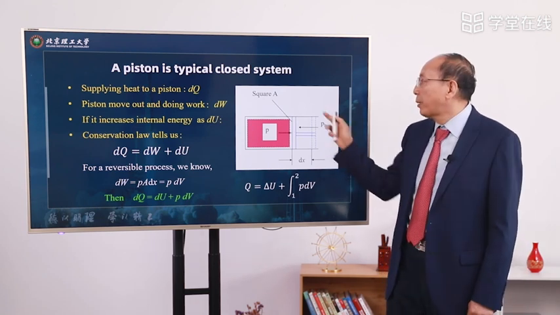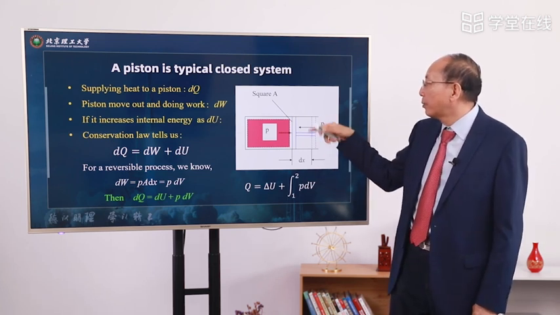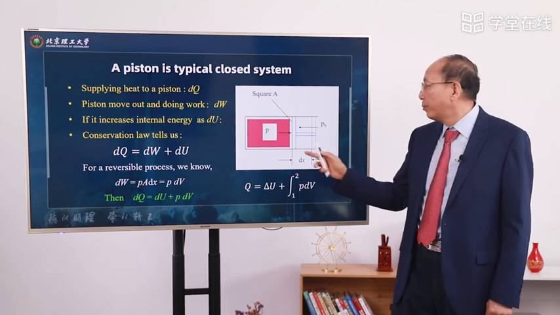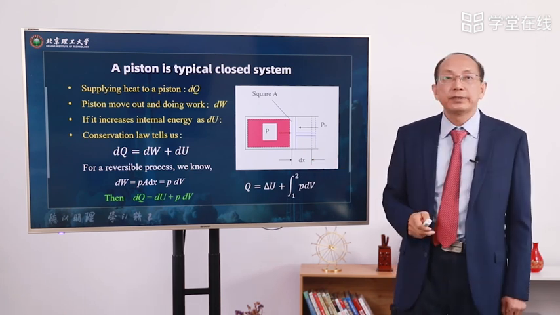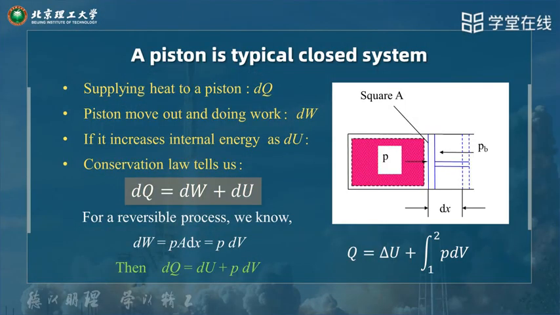Here also is a piston. The piston area is A. It moves a distance dx. We know from the first law, dQ equals dW plus dU.